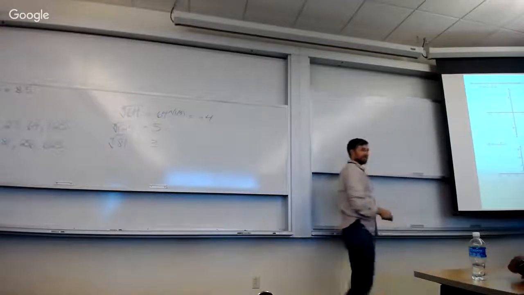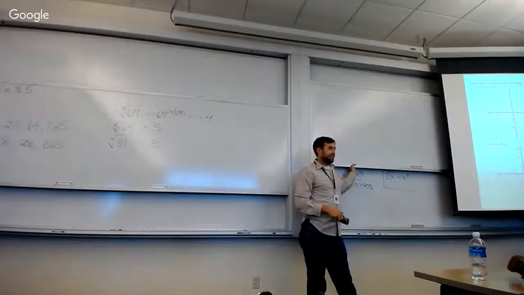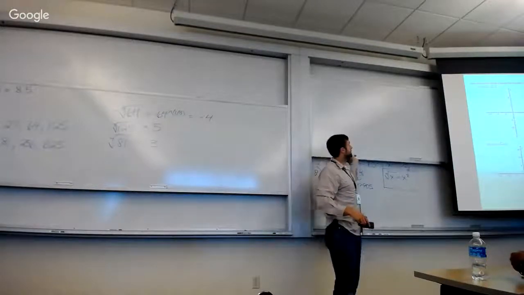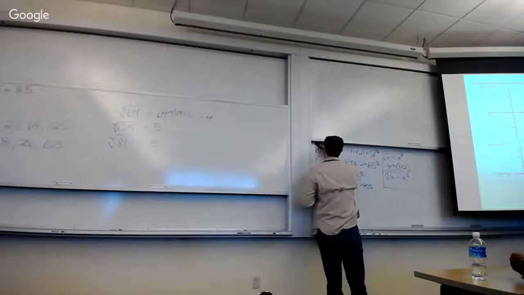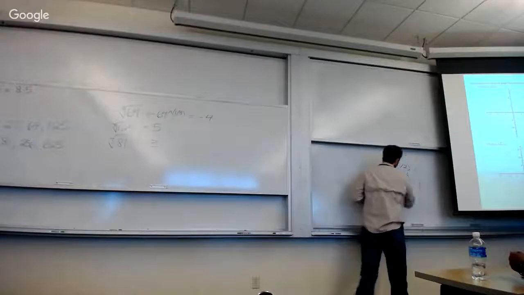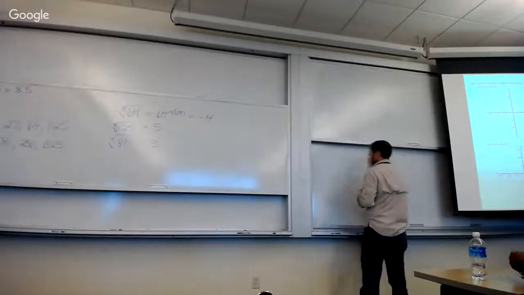You could just use your graphing calculator. Is that fair? We could all just get on our graphing calculator or go to Desmos, and we could graph it that way. What do you think that graph is going to look like?